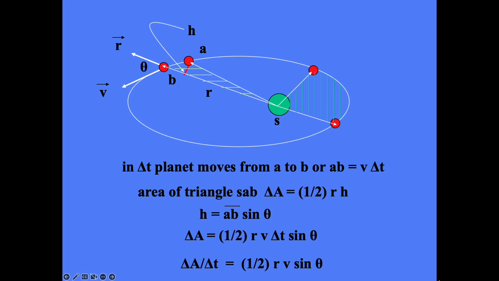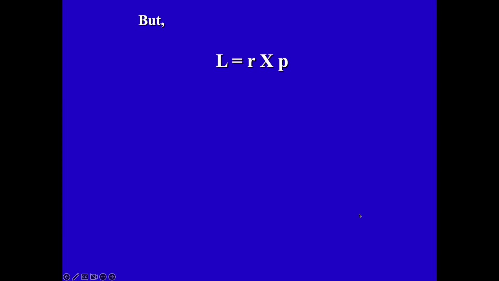Think about what this product, r times V times sine of theta, represents. Well, let's go back and remember what angular momentum is. Angular momentum is r cross p, and its magnitude is the magnitude of r times the magnitude of p times the sine of the angle between r and p, where p is mv.